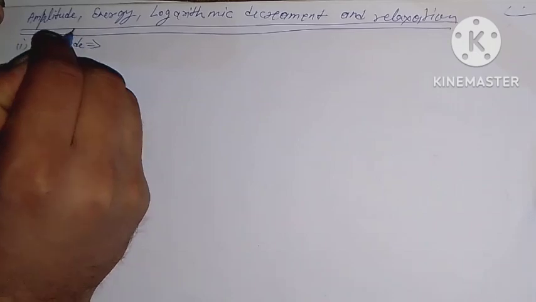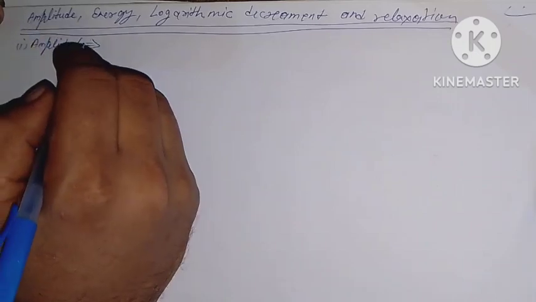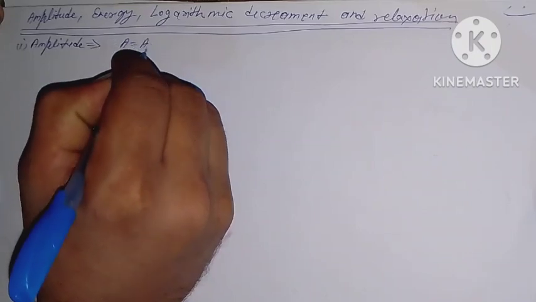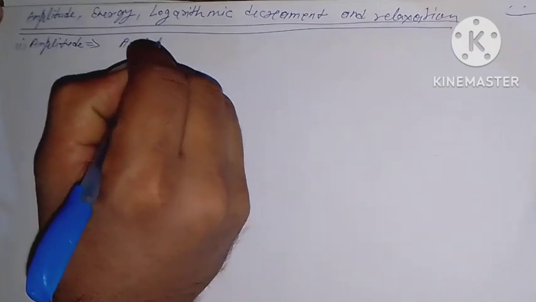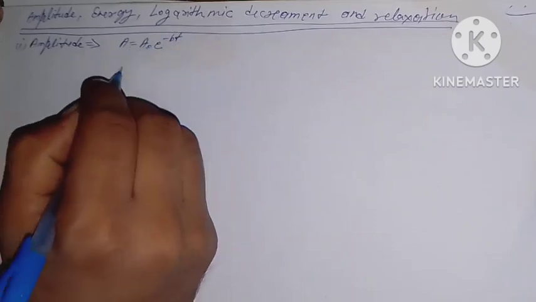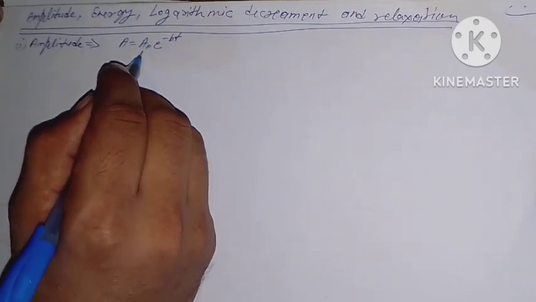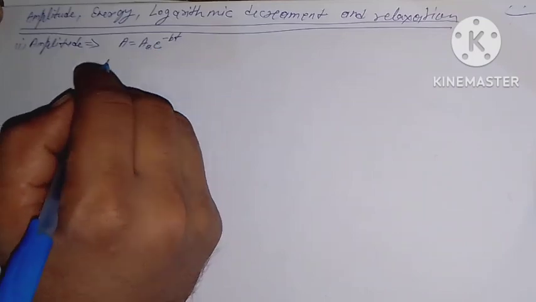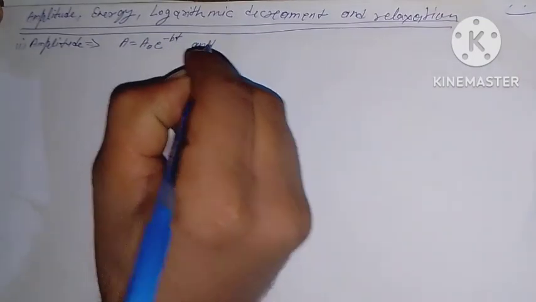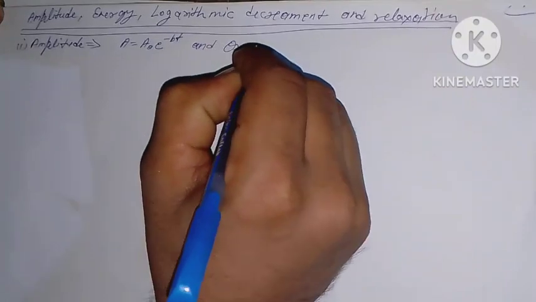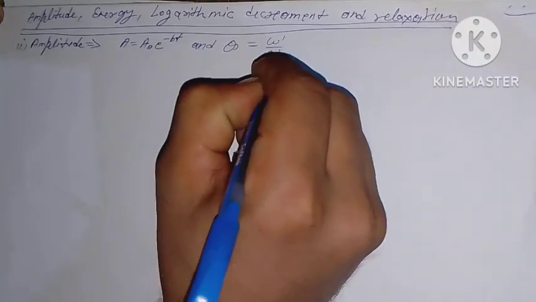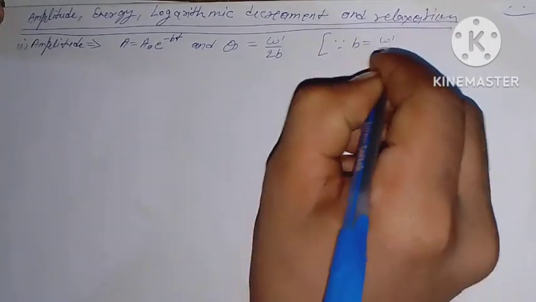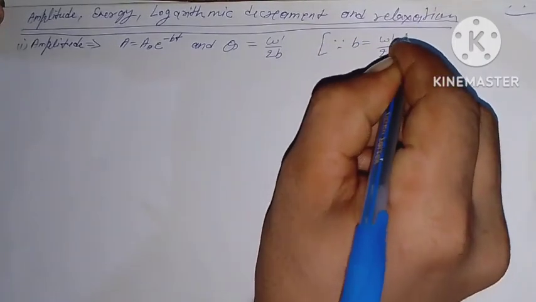The amplitude A at any instant of time is given by A equal to A naught e to the power minus bt. And quality factor Q equal to omega dash upon 2b, where b equal to omega dash upon 2Q.